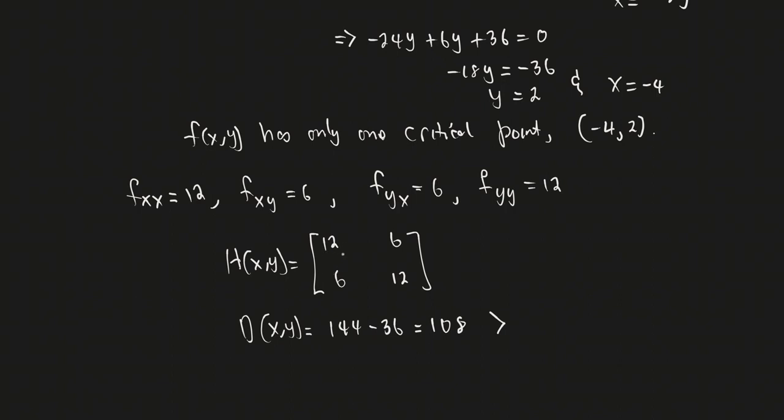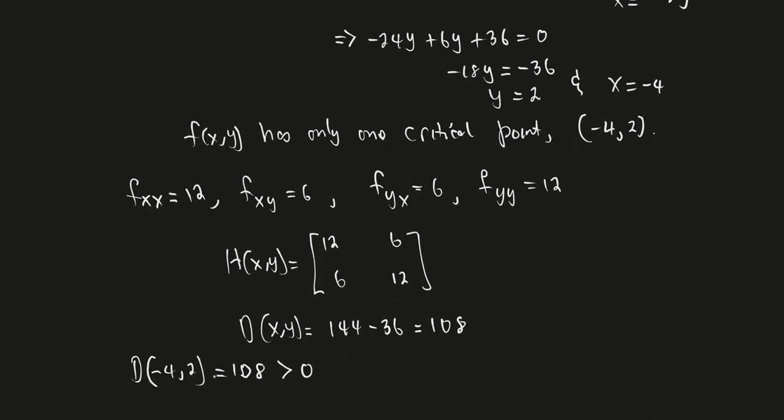Because all these entries and our D come out to be constants, it's really easy to apply the test. I'm going to write it down as if we were evaluating, but because these are all constants, we know what the evaluation is going to be. Yes, it's always positive, but what we would do is take our critical point and evaluate it at D. So we're going to first check our D. In this case, we know it's going to be 108, which is greater than 0.